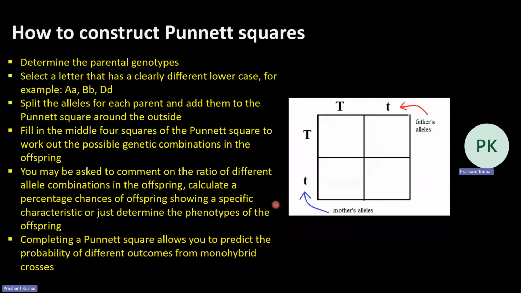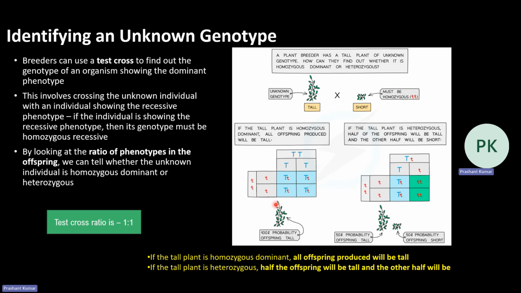How to construct a Punnett square, you can see and just follow the steps. It will be easy. Identifying unknown genotype, that's the purpose of a test cross. So let's take the condition here that a tall and a short plant are going to cross. And for short, of course, we know both are small t small t. Now we don't know the genotype of this particular plant, right?